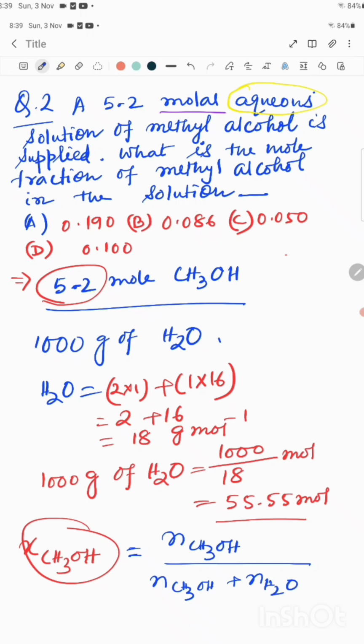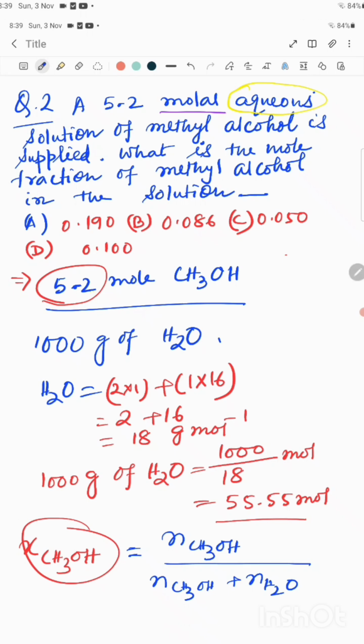This is the mole fraction: number of mole of the particular compound by total number of mole. Suppose we have to calculate the mole fraction of water, then the formula is number of mole of water by total mole. This is the formula of mole fraction, and it has no unit.